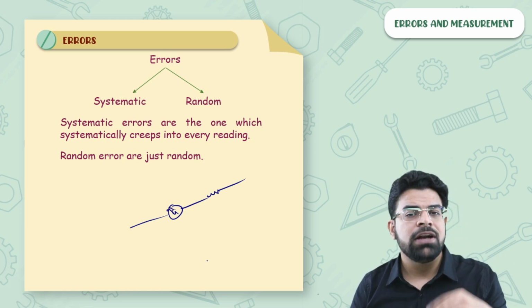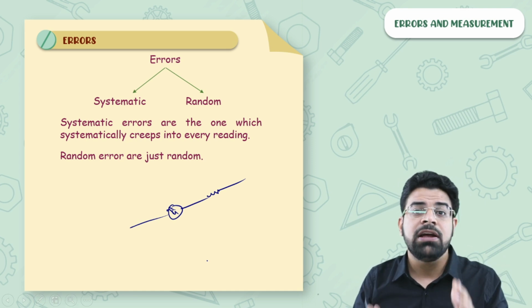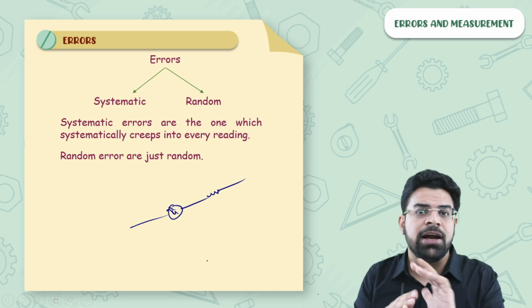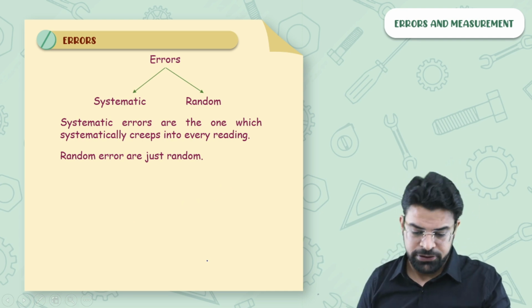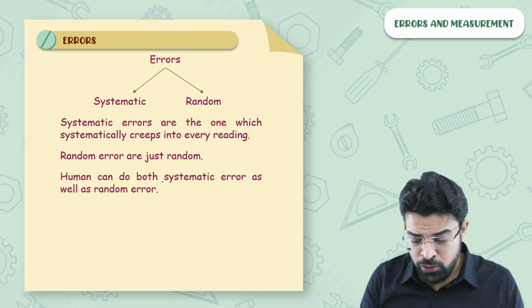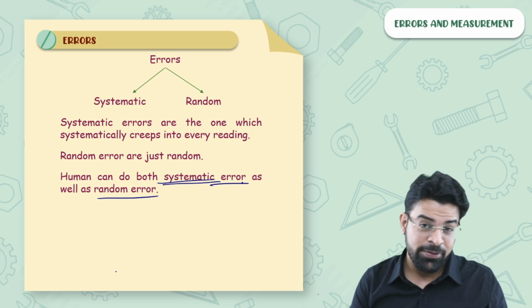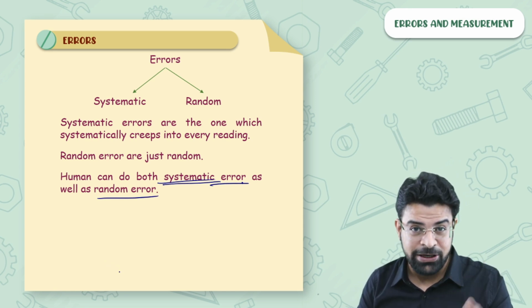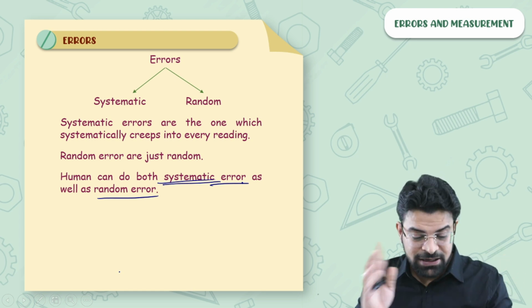This is also random error. This won't happen every time. It happened once. It won't happen in every reading and you can't predict in which reading it will happen. So they are random errors. Humans can make both systematic error as well as random error. To err is human. Human beings have the capability to make both random error as well as systematic errors.